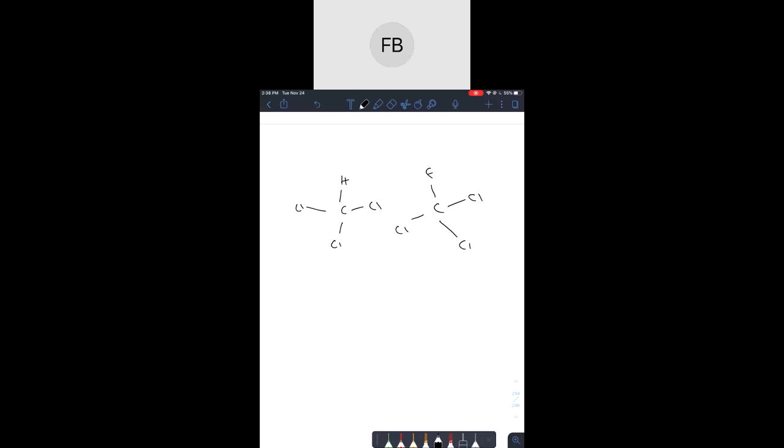There's way more of a difference between Cl and hydrogen than Cl and fluorine. So the Cl's and fluorines kind of end up balancing each other out. So this is nonpolar. But this one is polar because this hydrogen has very little impact. So overall, the molecule does have a strong polarity.